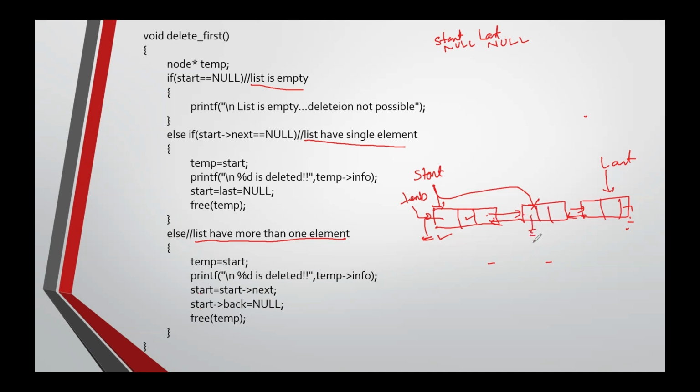So you make start back equal to null. Then you have to release the memory. So this is the two nodes, and this node points to null. This is the last node. This is the first node. So this is the way the deletion from the first node is performed.